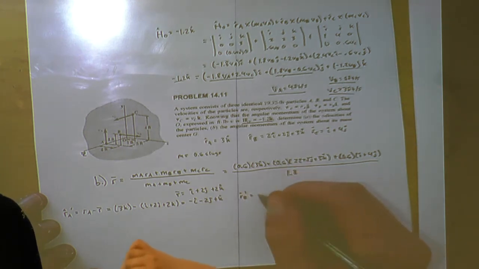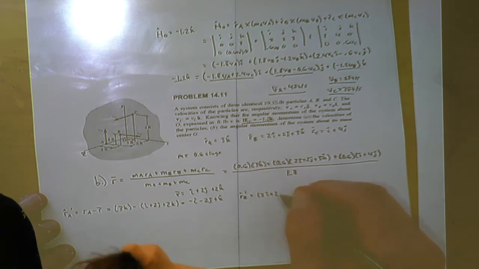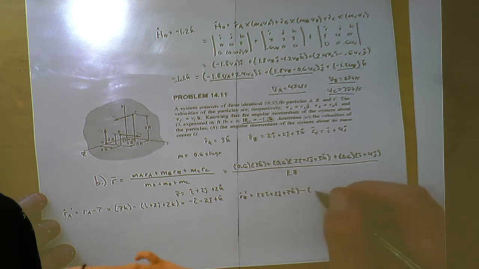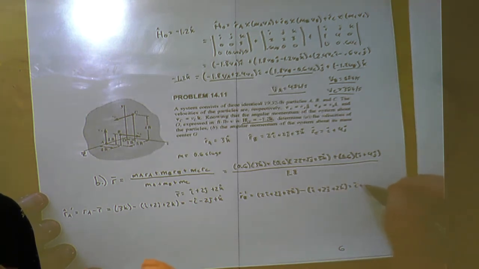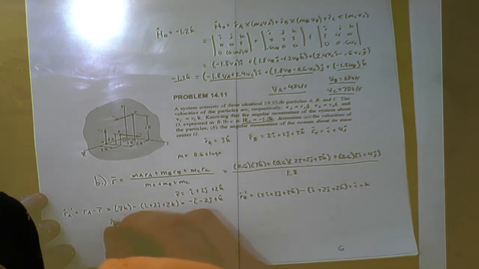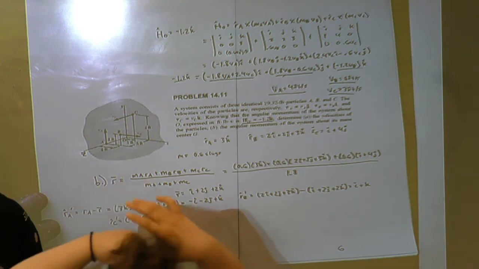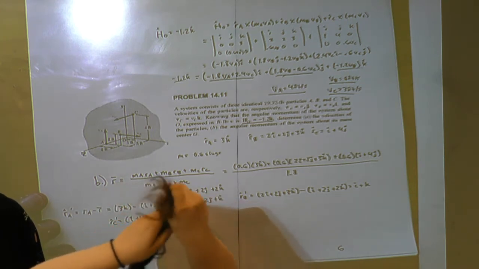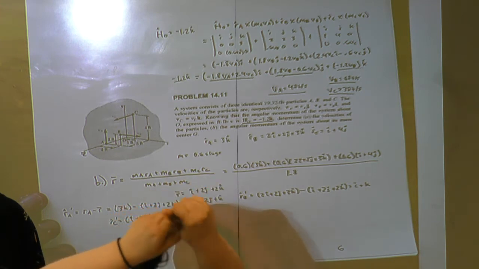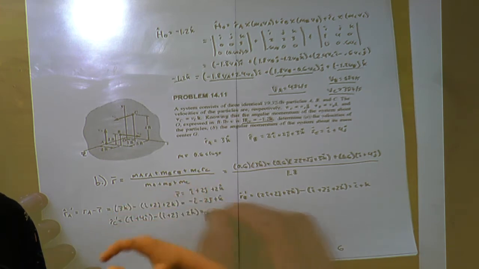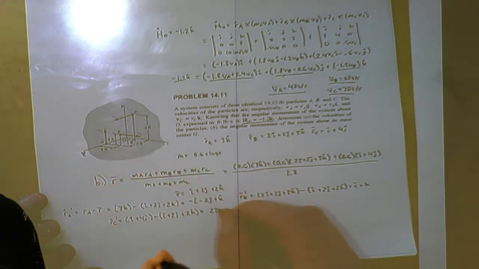For B, we have 2I plus 2j plus 3k minus I plus 2j plus 2k. That gives us I plus k. And then for C, it's just I plus 4j minus I plus 2j plus 2k. That's equal to 2j minus 2k.